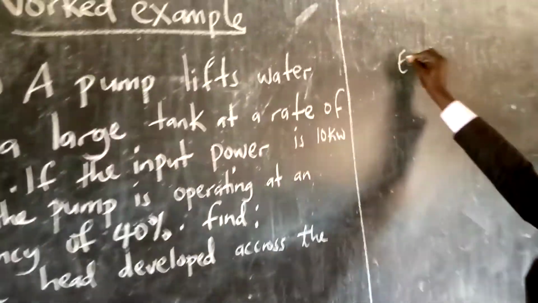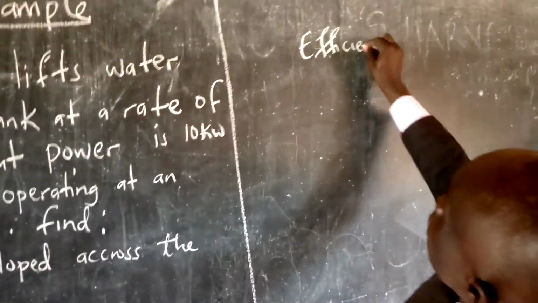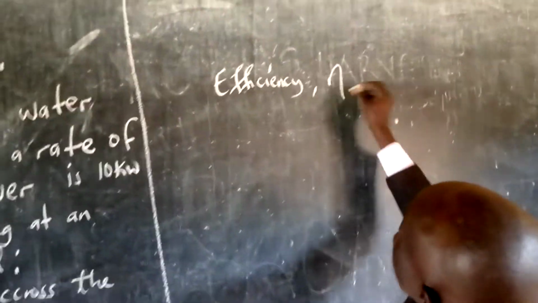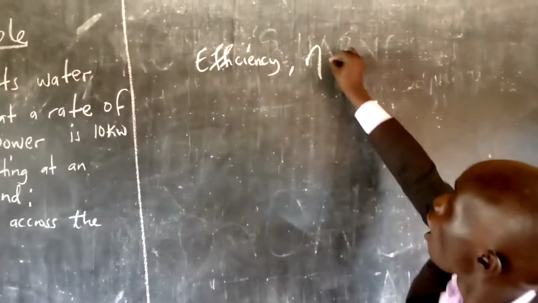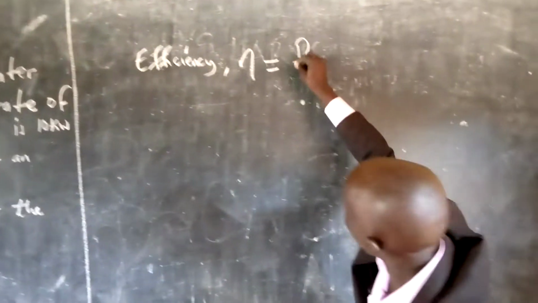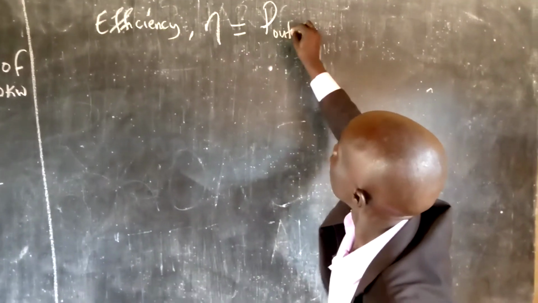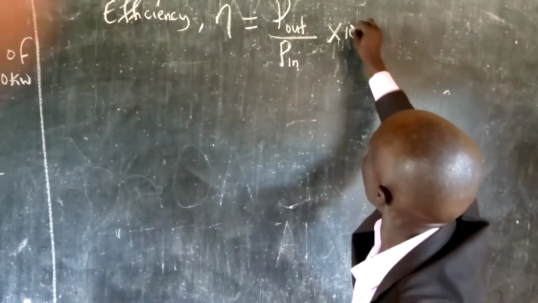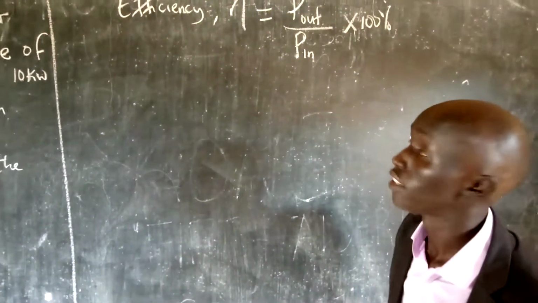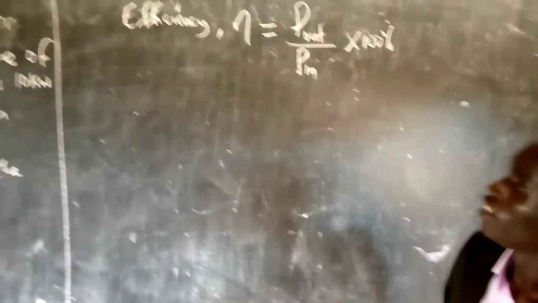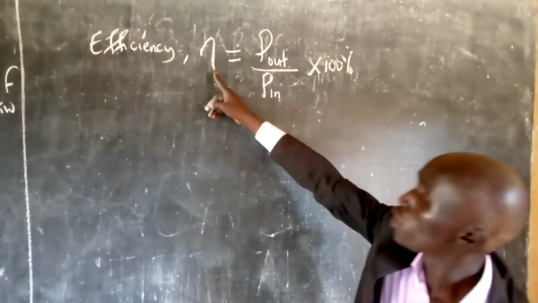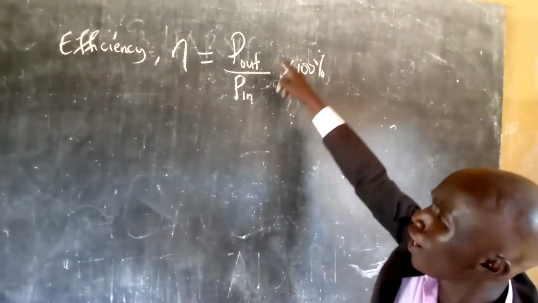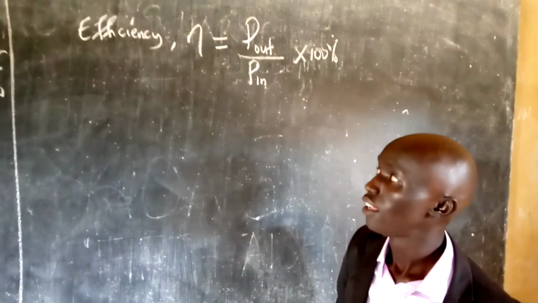Efficiency, by definition, is given by this symbol, and it is power output divided by power input times 100%. You get? Efficiency is given by power output over power input.